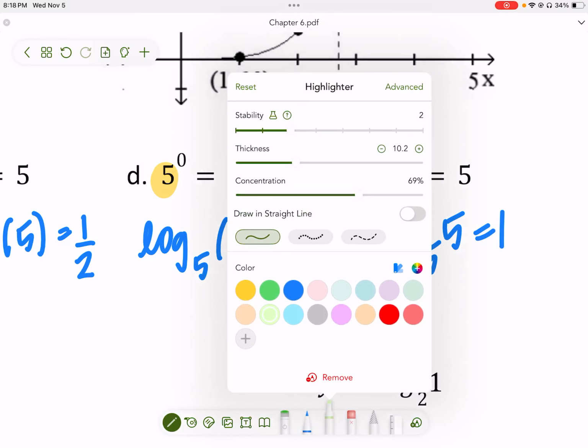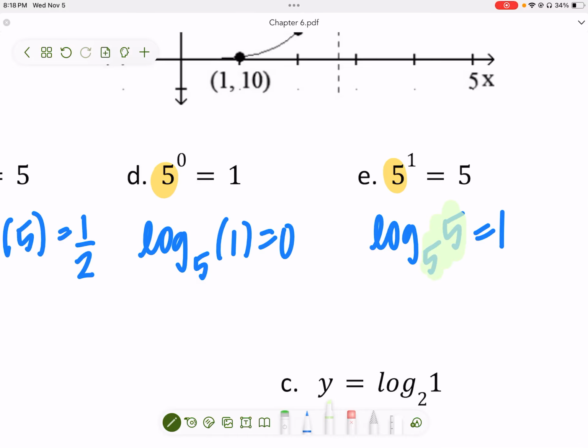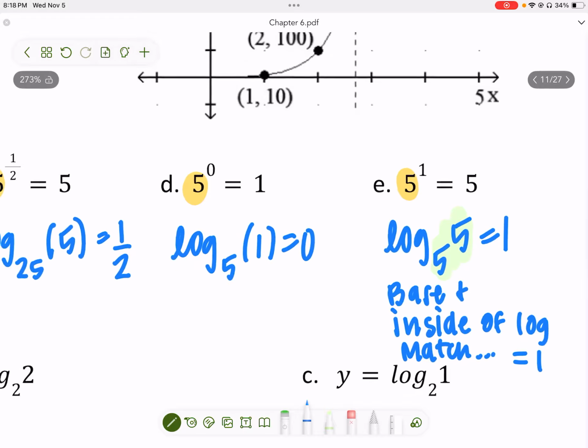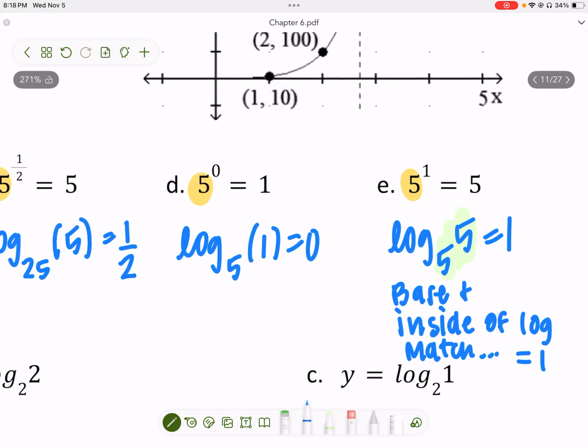This is actually a good segue to talking about a quick rule here. If the base and inside of the log match, the answer is 1. Always, every single time. That's a little thing right there worth knowing.